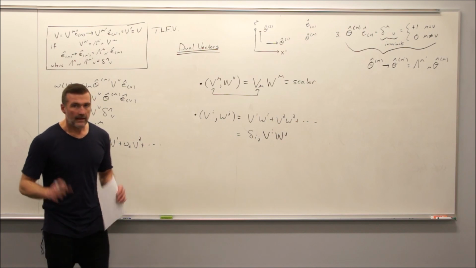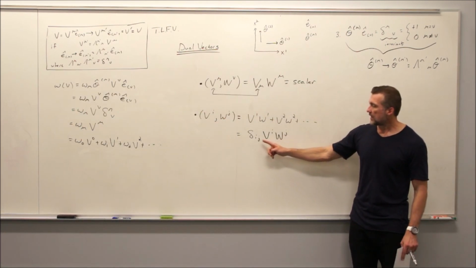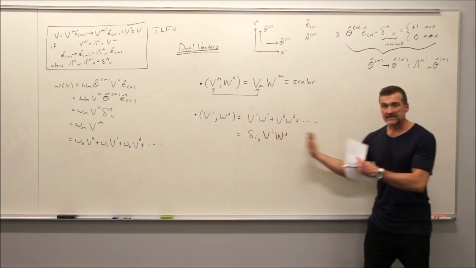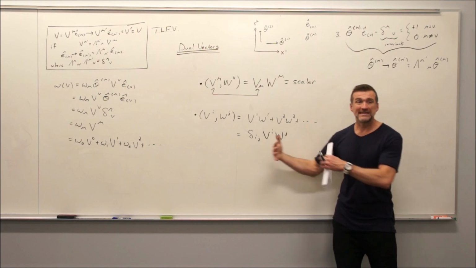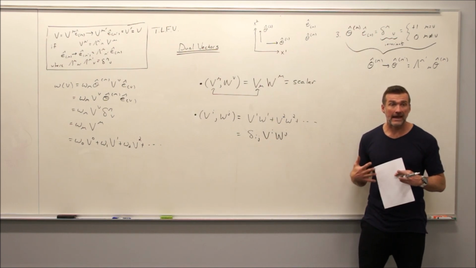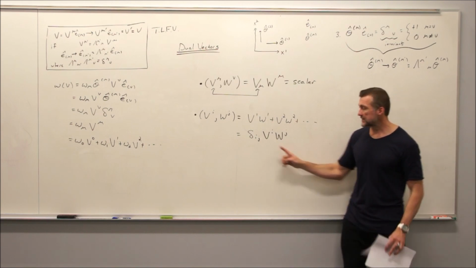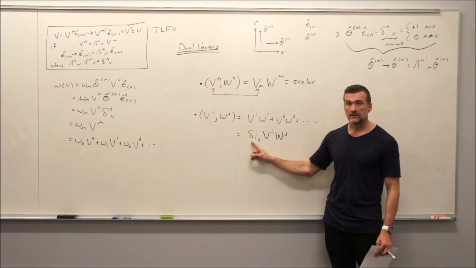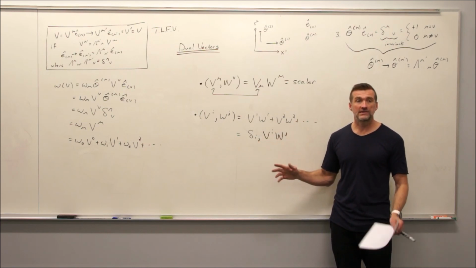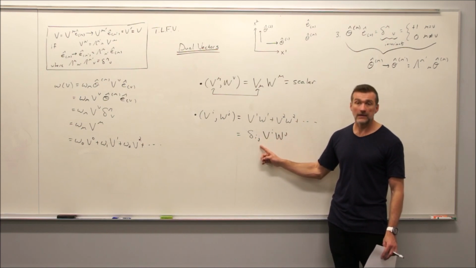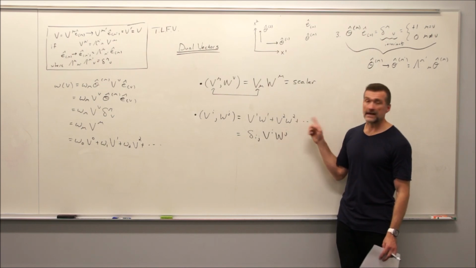Okay? Now let's just think about that for a second using what we know about index notation. The i's are repeated, which means I sum over the i's. The j's are repeated, which means I independently sum over the j's. However, this is the Kronecker delta. And the Kronecker delta says you can do that, but the only non-zero terms are the ones where i is equal to j, which is going to give you exactly this expression.